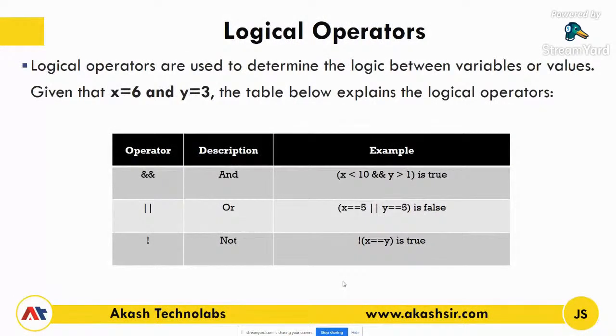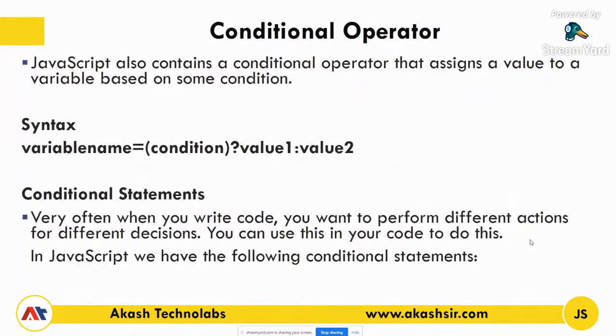So logical operators: if I want to check whether both conditions are true, then we can print something. Or if I want to check whether a single condition, from two different conditions, is true, either or, for that we can use the or operator. And not, that you know very well, it's the not operator. So next is the conditional operator.